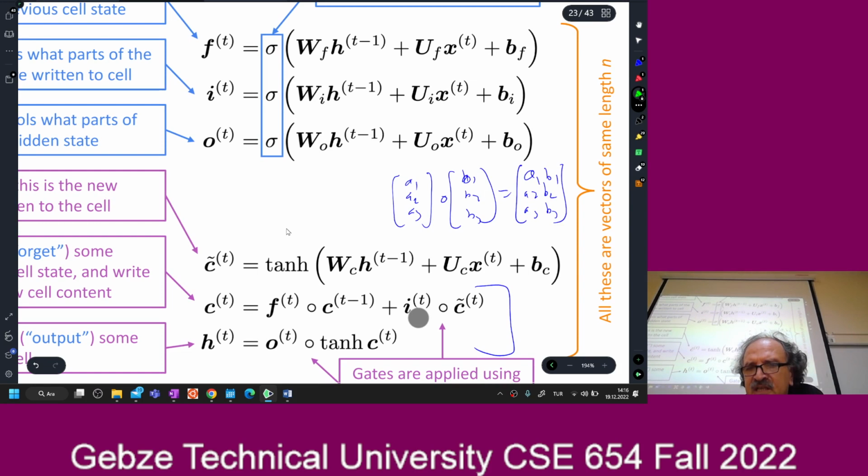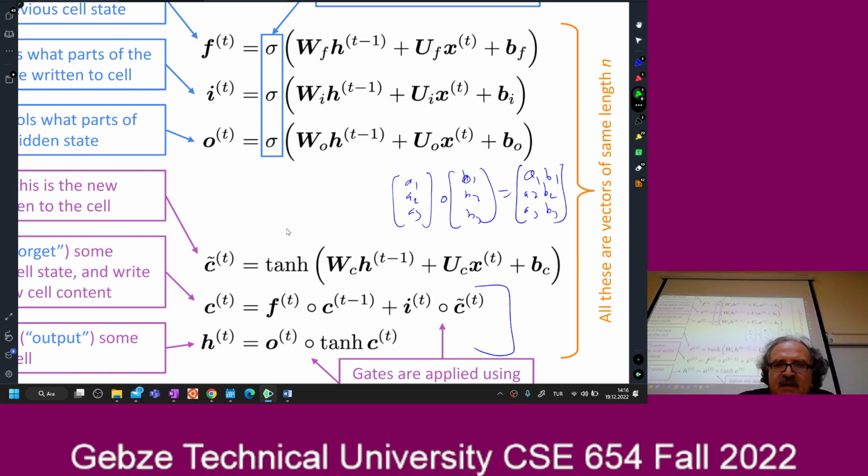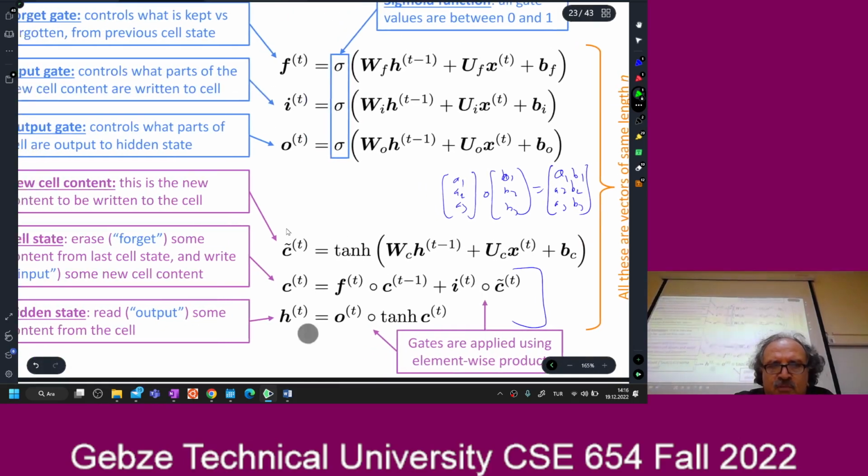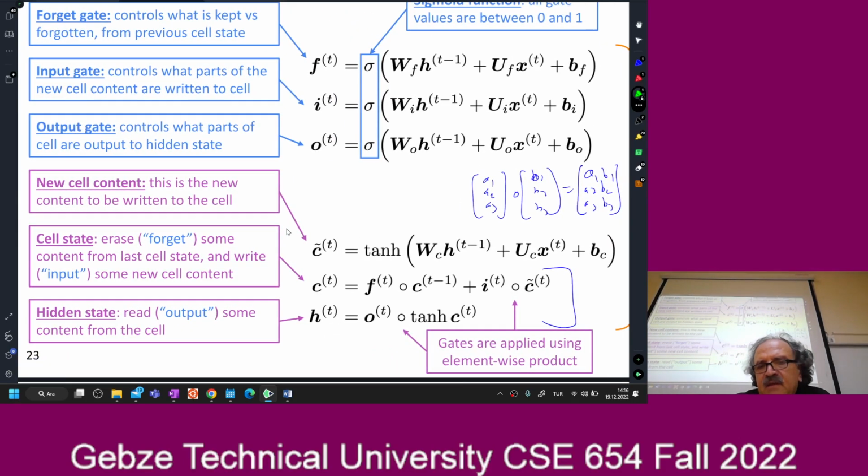Learn whatever needs to be learned and put them together, and that's going to be your new cell state. And this is going to be your hidden state of the next case, okay?